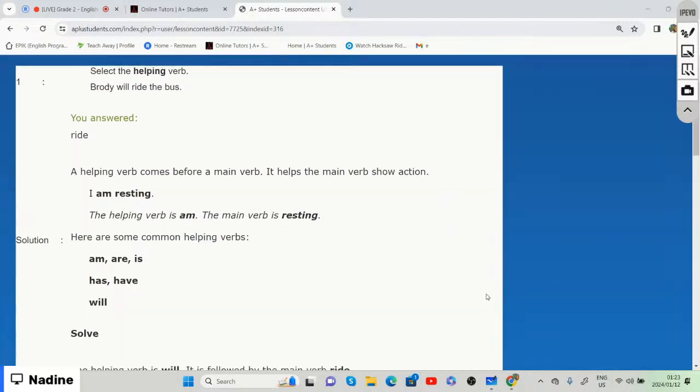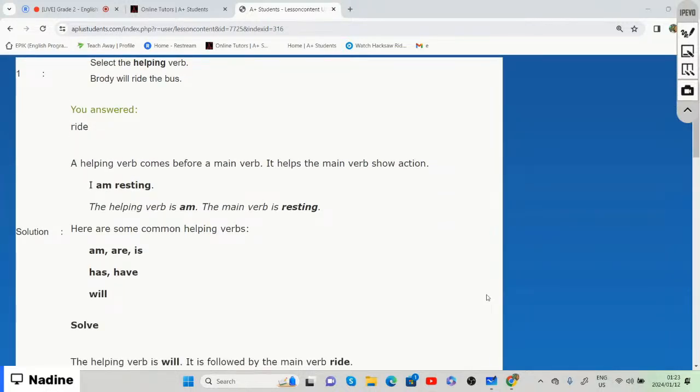So now we're going to look at a few activities before we go on to our test. Here it says we need to select the helping verb.